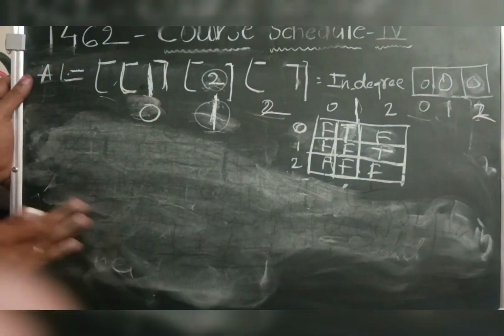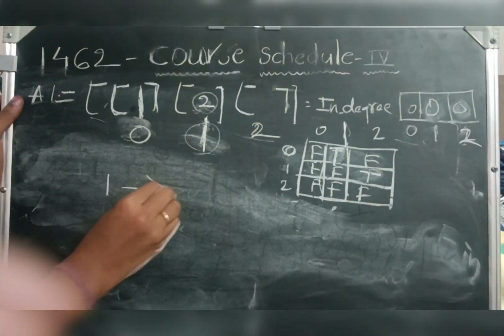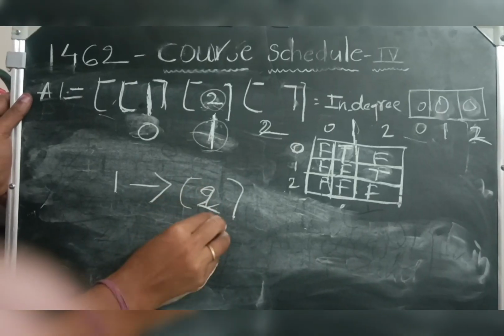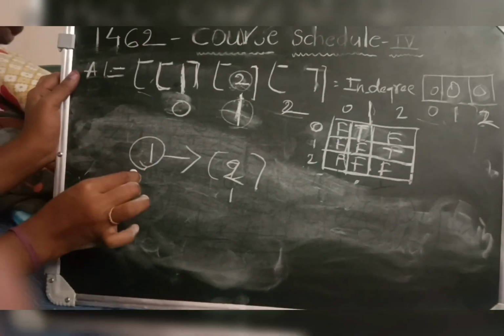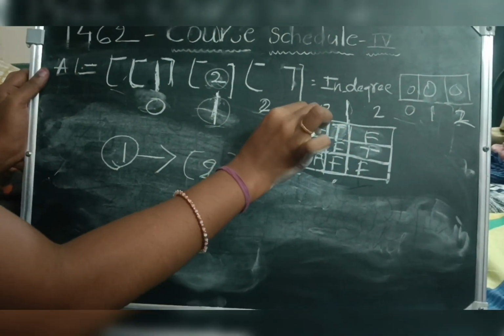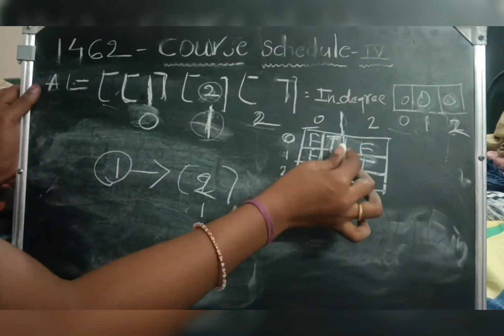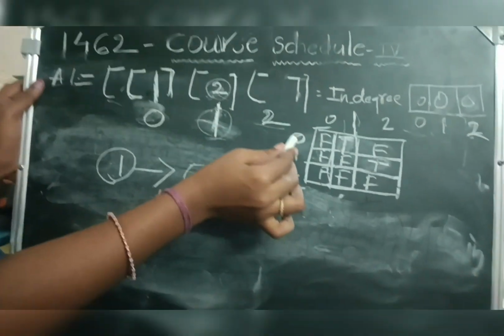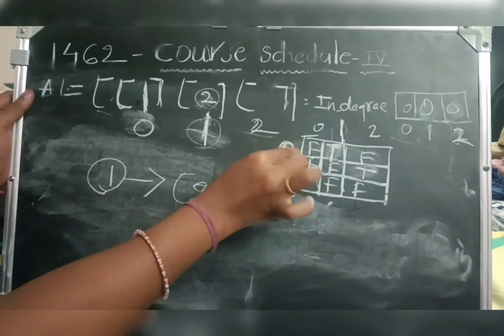Let's say 1 is our present popped element. So the neighbor is 2. Before processing 2, we have to check what the prerequisites of 1 are. For that we have to use this 2D array. The prerequisites of 1 we have to traverse column-wise. So when you check 0, 1, 0 is the prerequisite, so it is true.